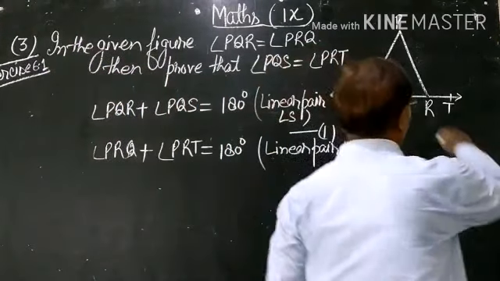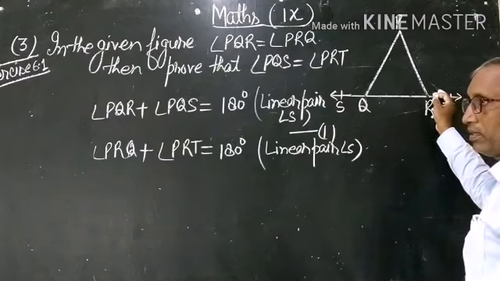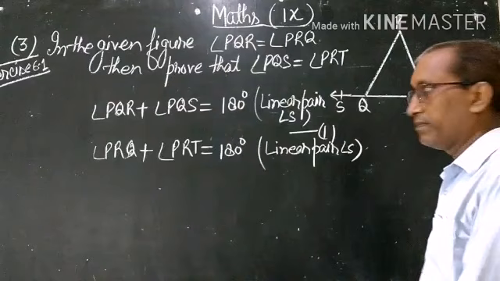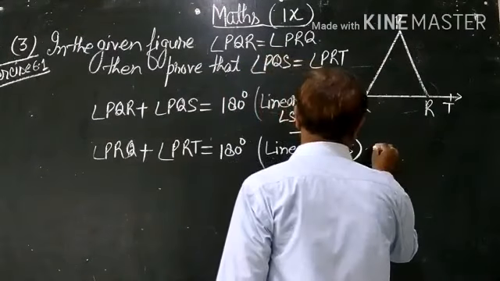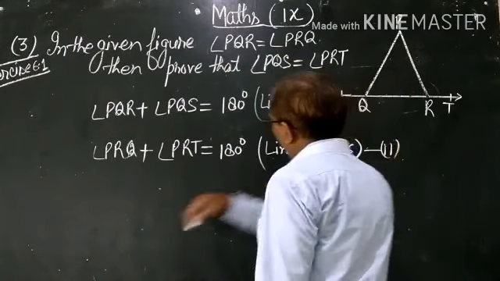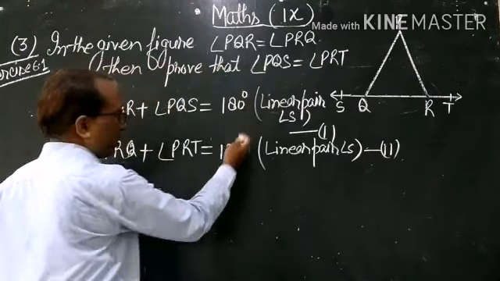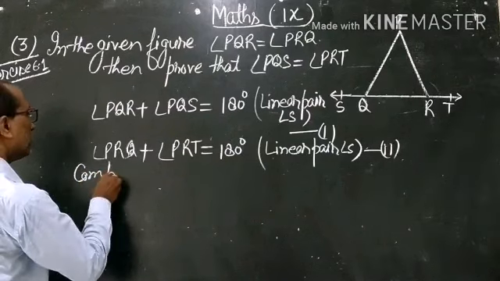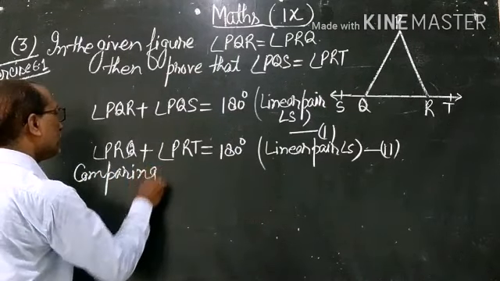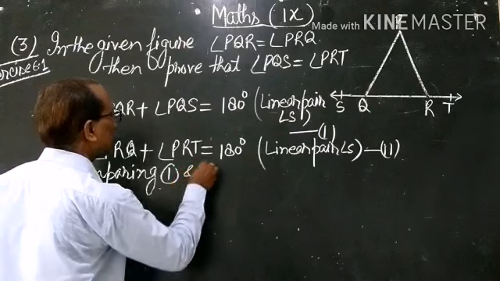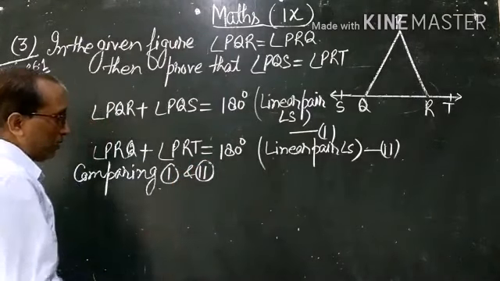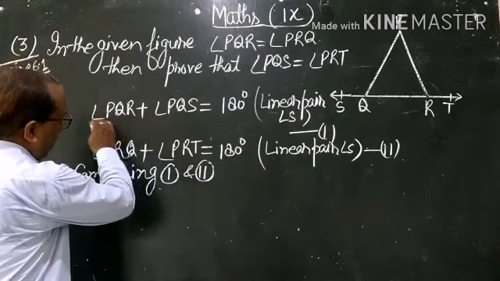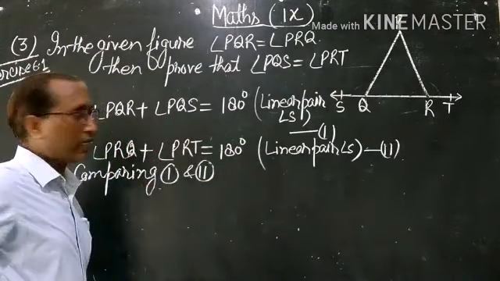Here is also a linear pair angle which makes a straight line. This is your second equation. Comparing first and second, you get right sides are equal, therefore left sides are also equal.